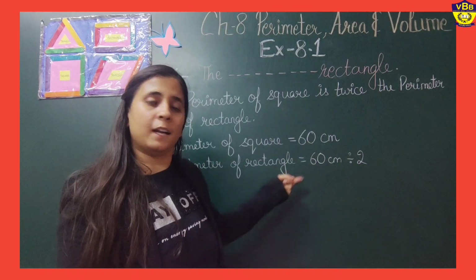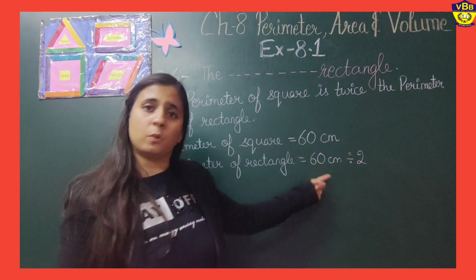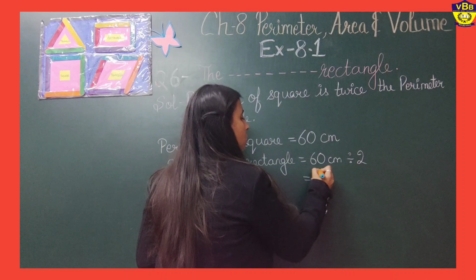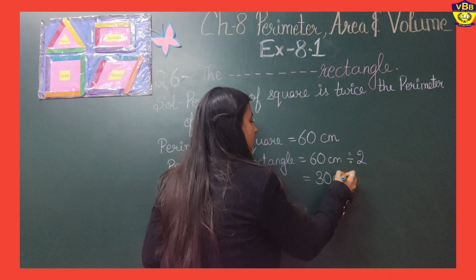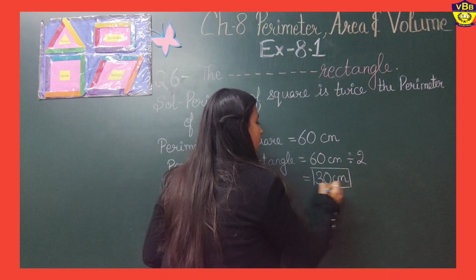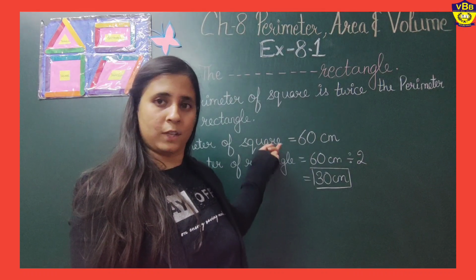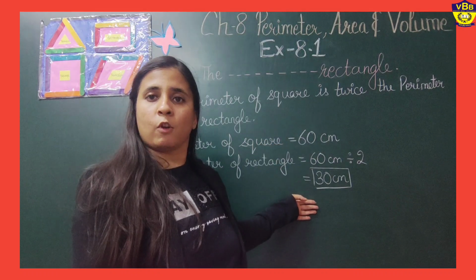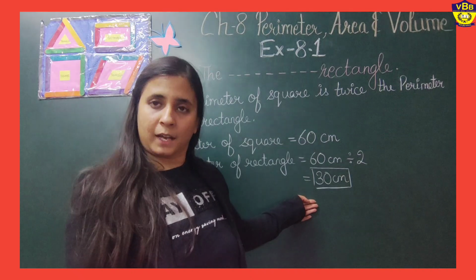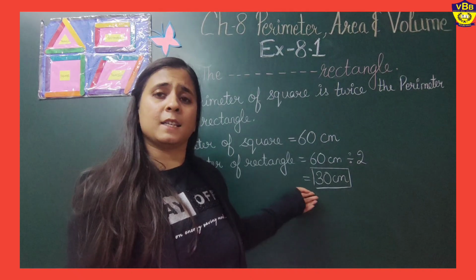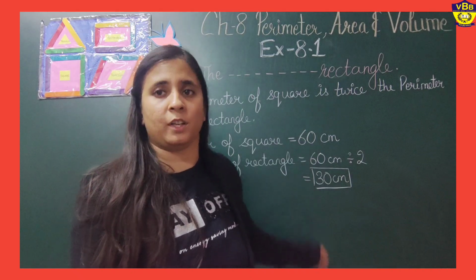But for rectangle, it will be divided by 2. 60 divided by 2, 30 centimeter. Okay. Perimeter of square we were given in the question. Through that, we found the perimeter of rectangle. Okay. Let us see now what next is mentioned in the question.